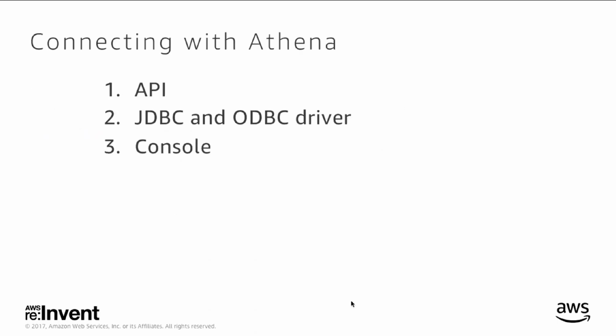There are a number of ways to connect with Amazon Athena. When we first launched, it was available in the console only, so you could open up the console, type in SQL commands, and get access to the data. But since then, we've introduced JDBC and ODBC drivers. That opens up the door for a lot of different tools to be connected to it.